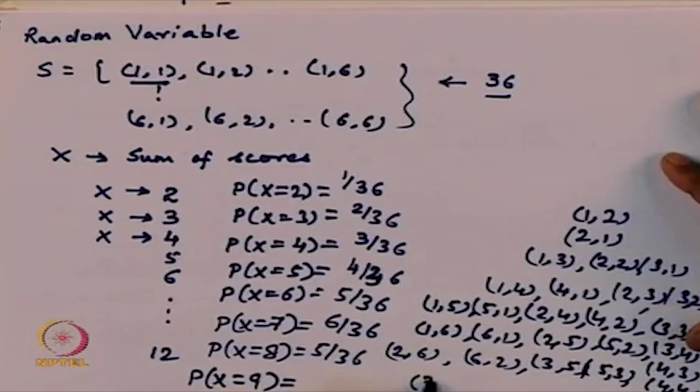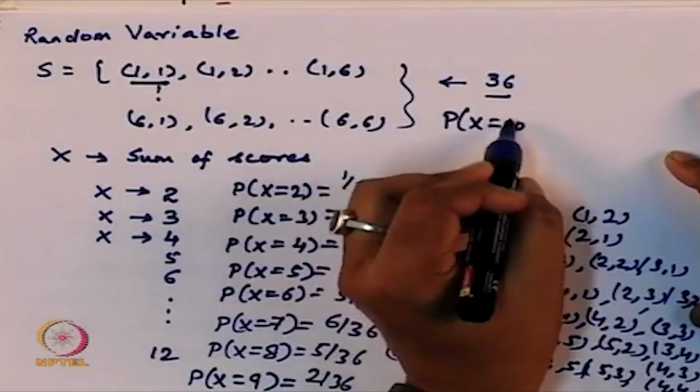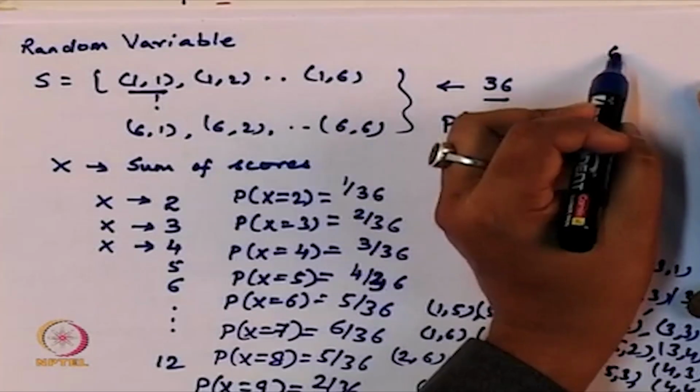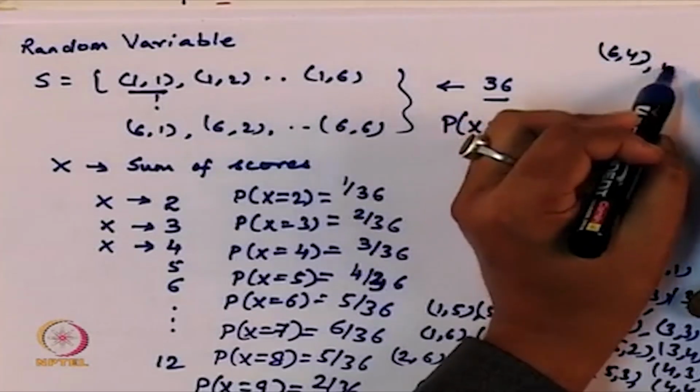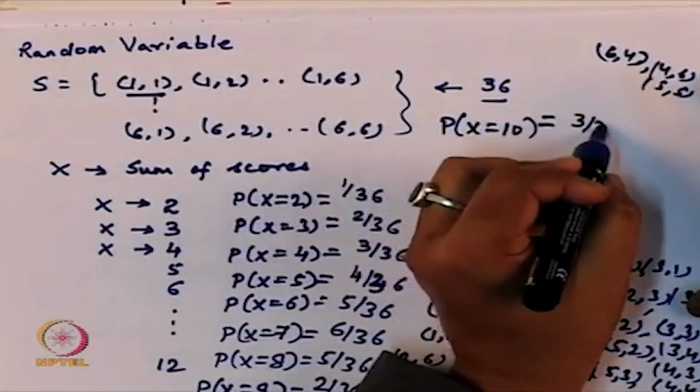I will get 3 6 and 6 3, equal to 2 by 36? Probability of x equal to 10 is, so I have 6 4, 4 6, 5 5, 3 by 36.